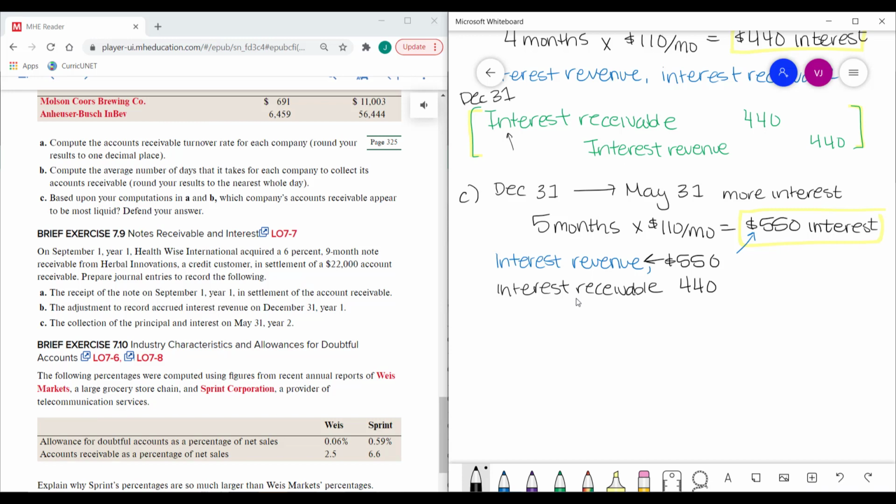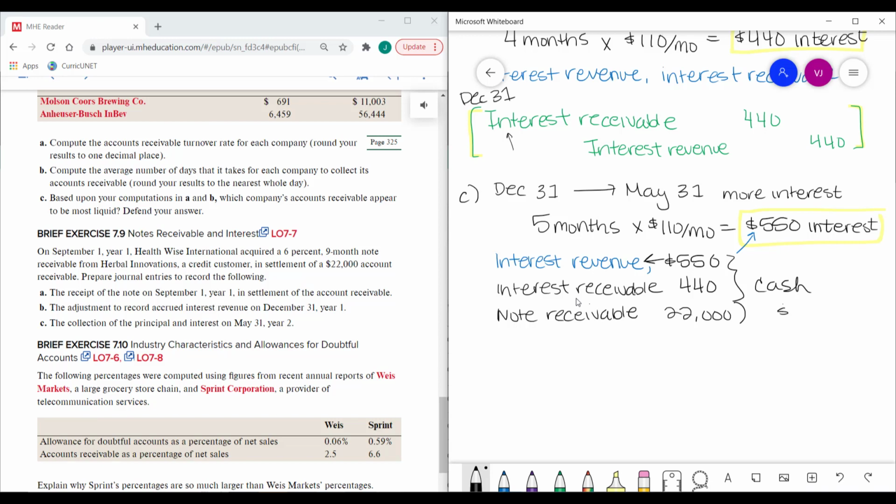That's going to be $990, right? So that's total interest that would need to be paid to us, but $550 of it is now being recorded as interest revenue, and $440 of it has already been recorded as revenue, but it was also recorded as a receivable. But then also the note itself is being paid back, or should be paid back, right? And that's $22,000. So all of this needs to be received in cash.